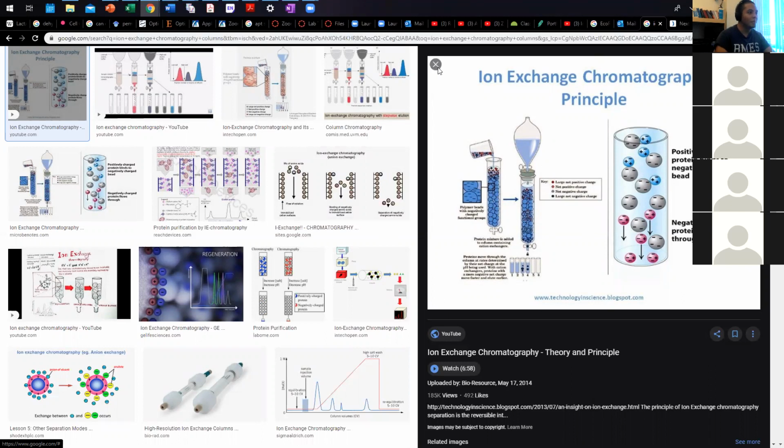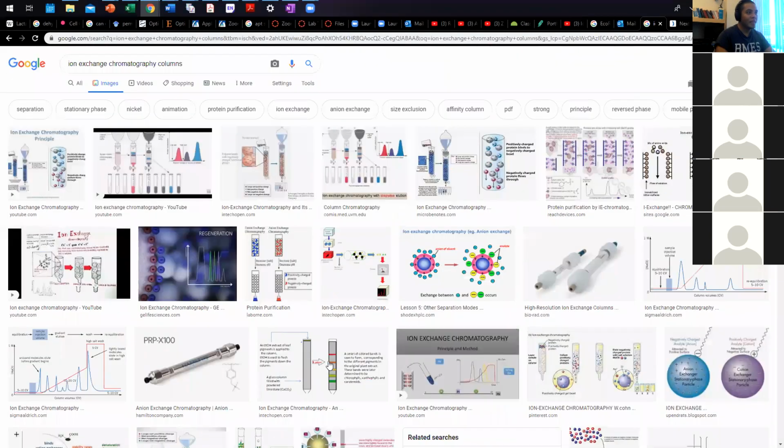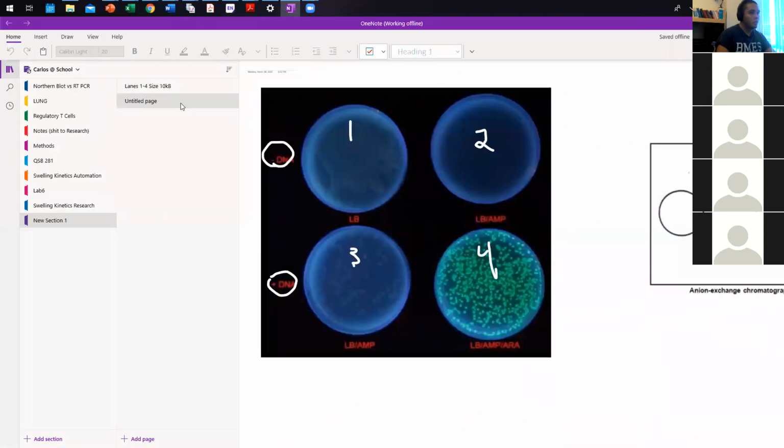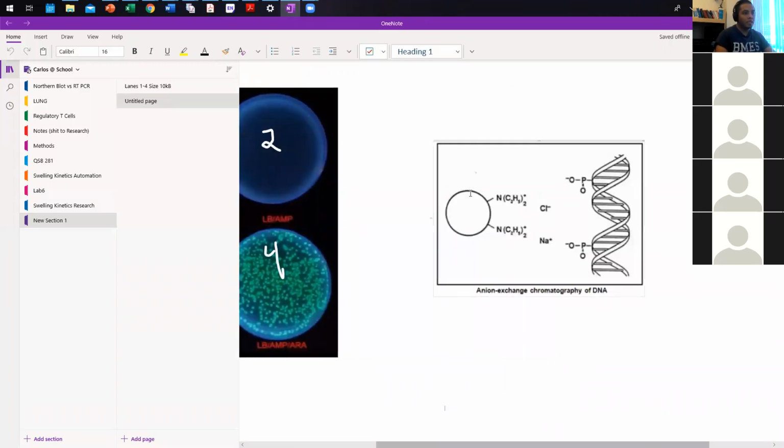Since the DNA is negative because of the phosphate backbone, in this image over here, you have those beads in a column, customized specifically for what you want to purify.